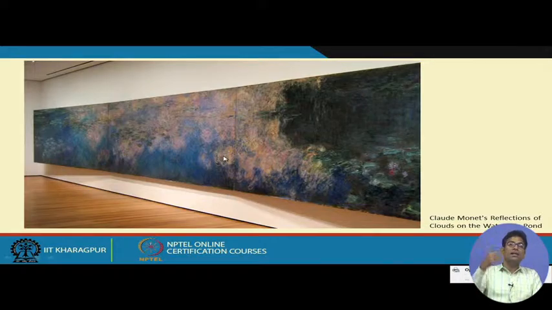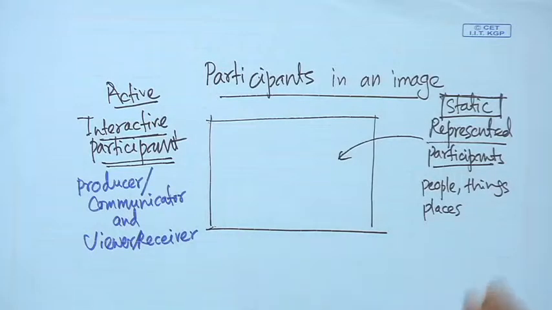So, in this case you are the viewer, there was an artist who created this. So, there was a person who was trying to communicate through these represented participants, and hence the whole communication is taking place in this particular image. So, this is how the different kinds of participation take place when you are looking at an image.